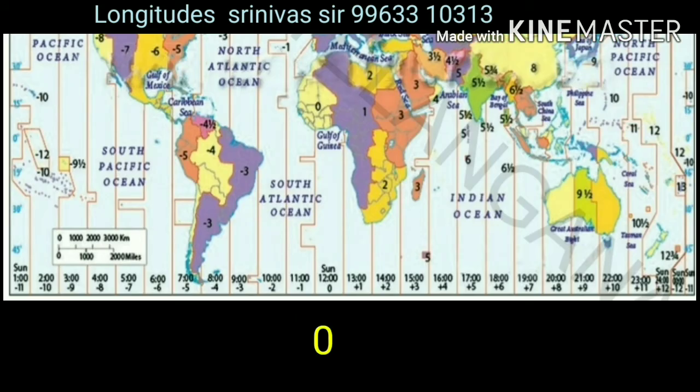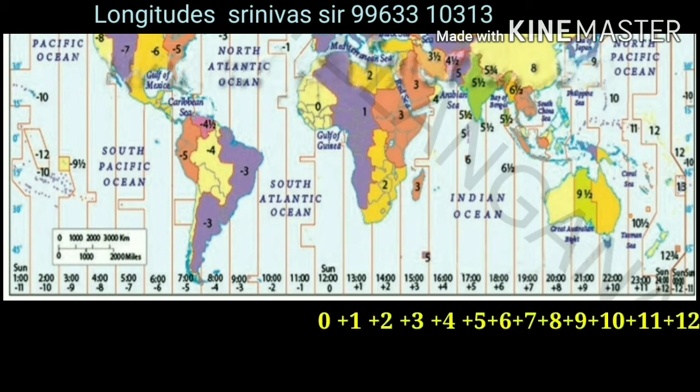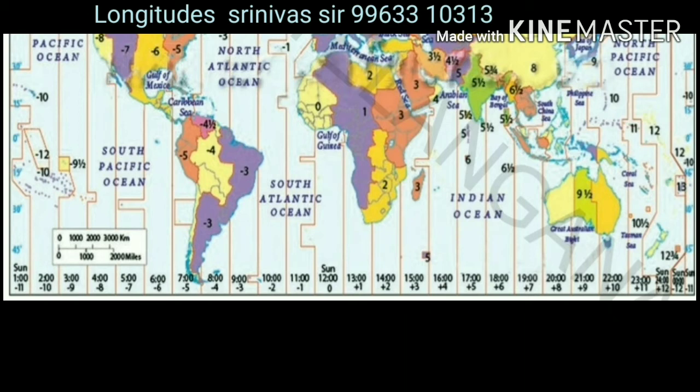The time zone starts from the Greenwich meridian. If we go eastward from the Greenwich meridian for every 15 degrees longitude, the time zones are +1, +2, +3, +4, +5, +6 and so on.